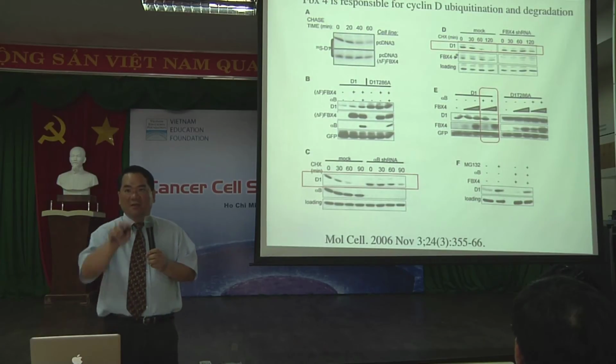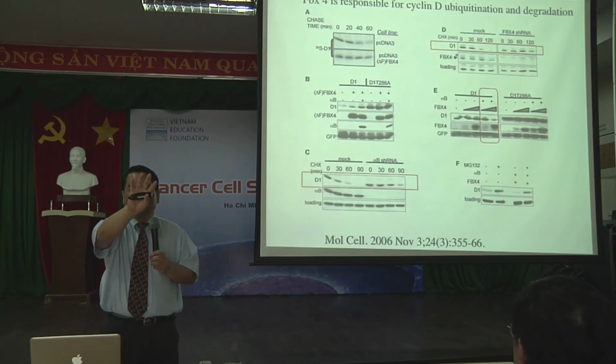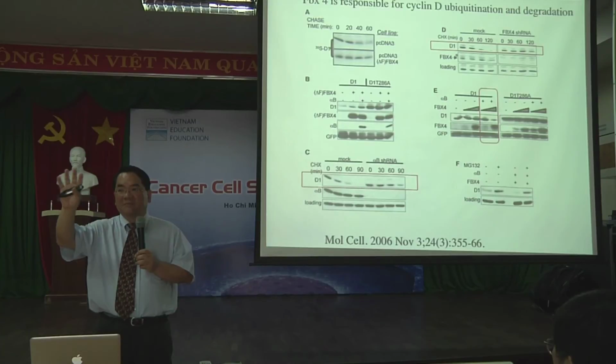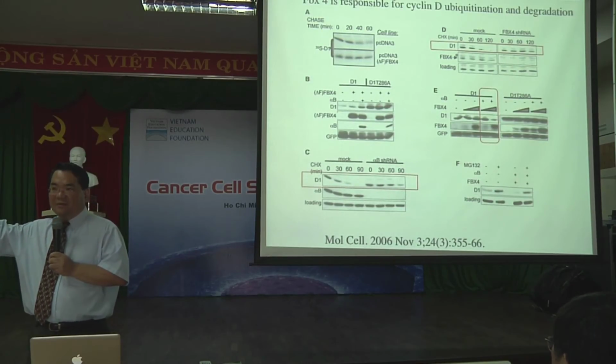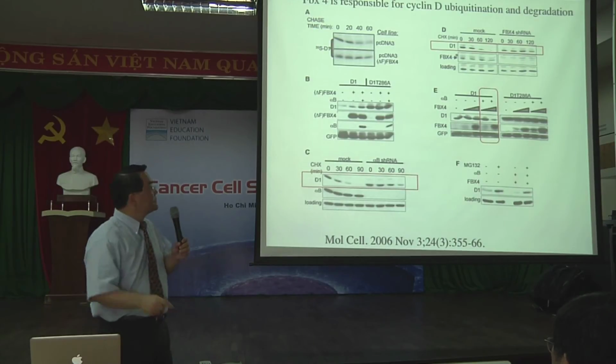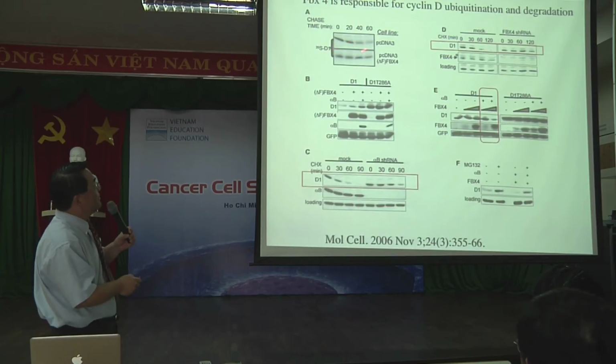Okay? Because you just follow the radioisotope originally made, and given some time, this protein may be degraded, and you will see the radioisotope disappear, right? So that's the important assay for you to recognize.